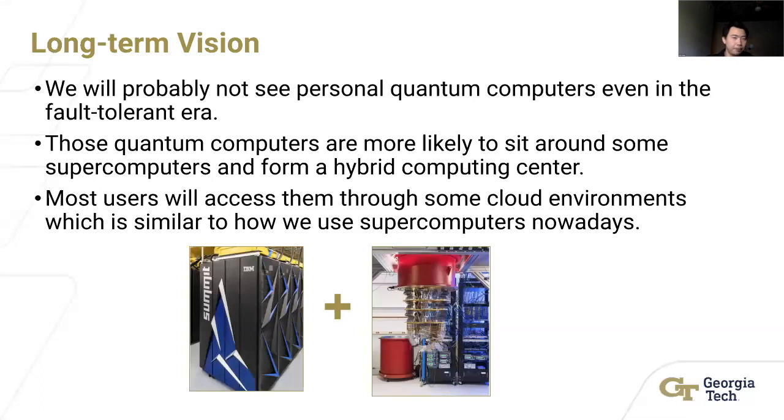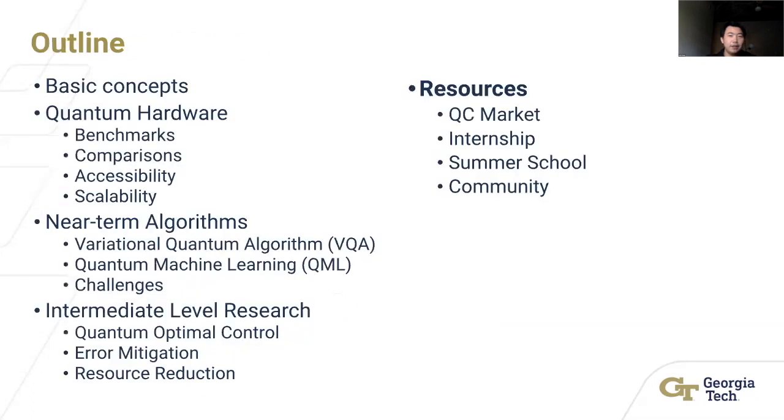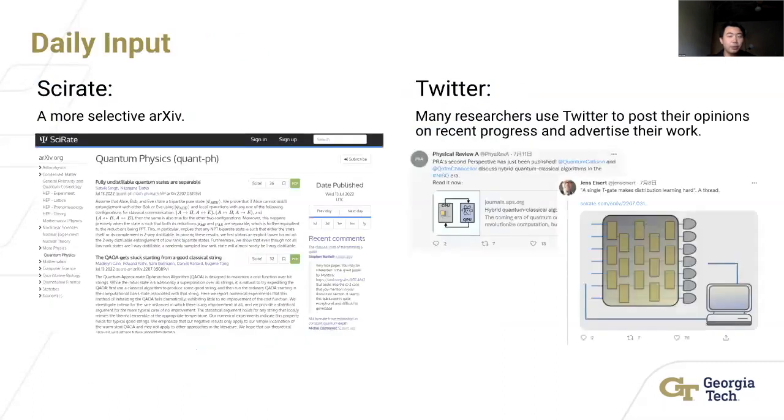Maybe other people have other ideas, and that's also great. And for resources, I can quickly go through them. If you're not familiar with the field, these are two very good platforms to get started. SciRate is a more selective archive.